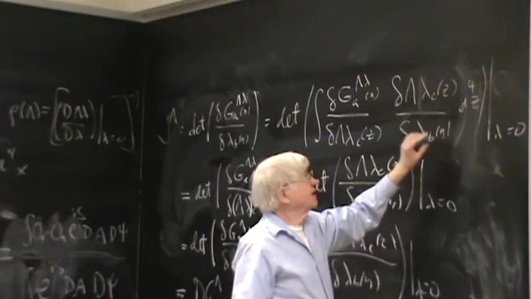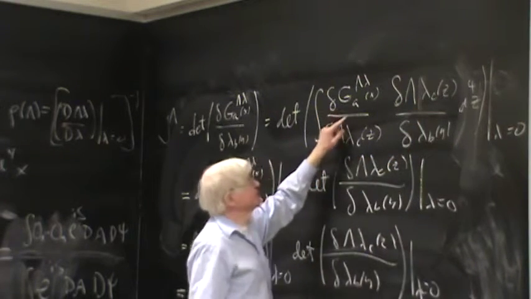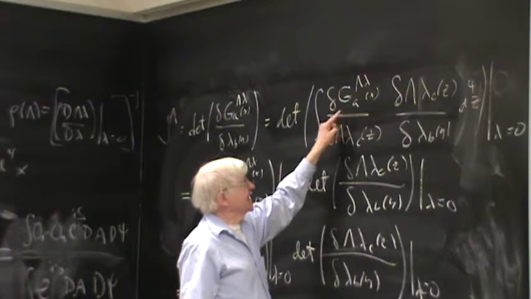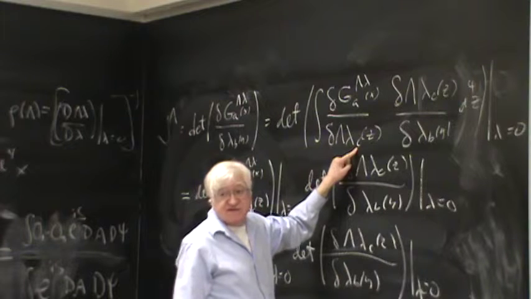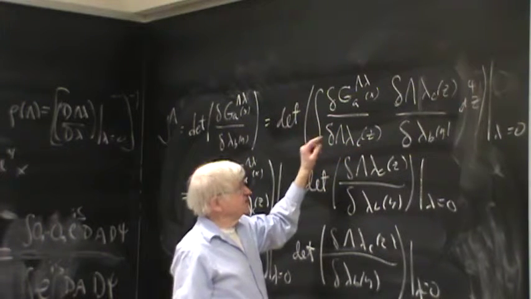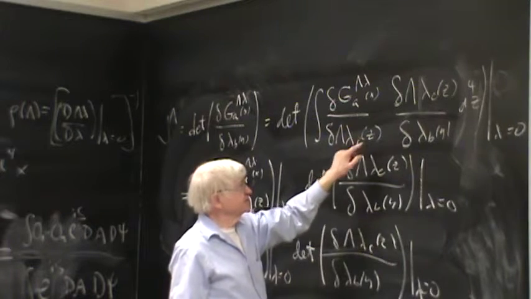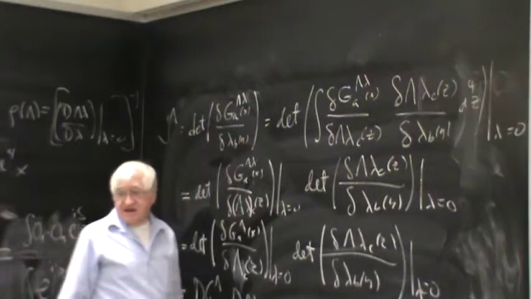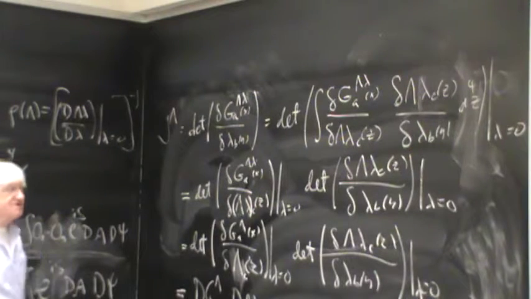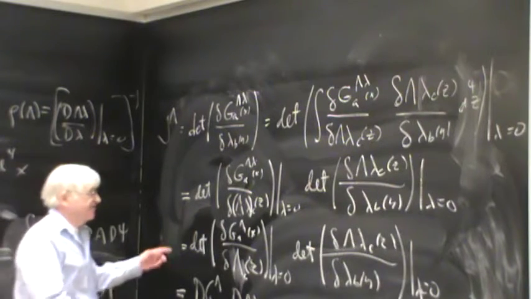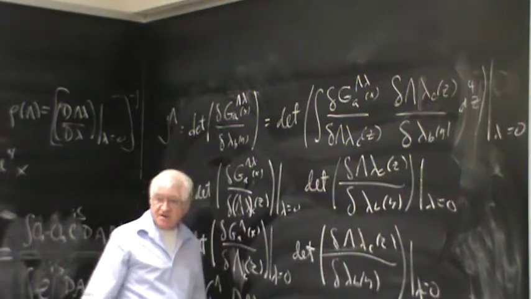For this matrix, the row index is, I guess, AX, and the column index is CZ. And then you sum over the adjacent indices, C and Z. Sum over C, integrate over Z. And so that is the determinant of a product of matrices, and that therefore is the product of the determinants.